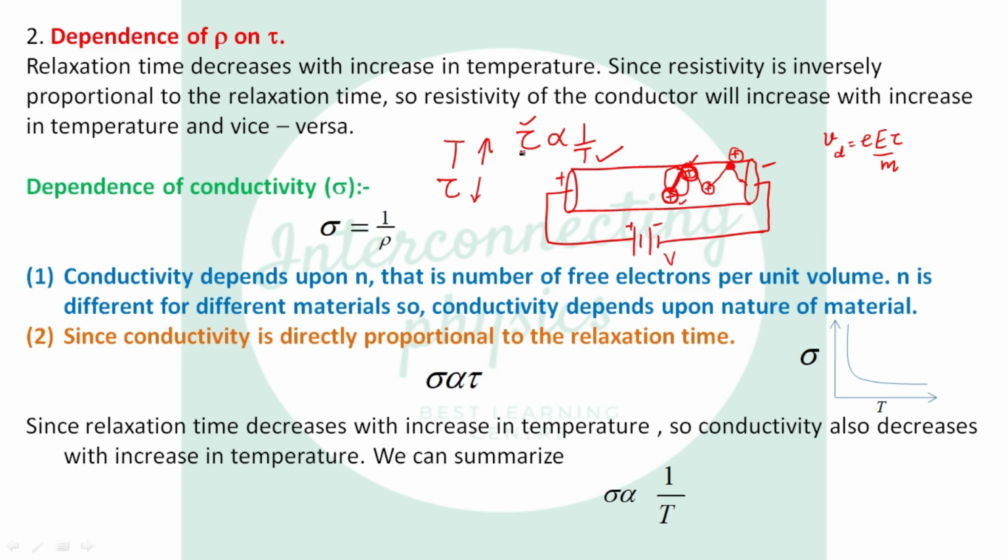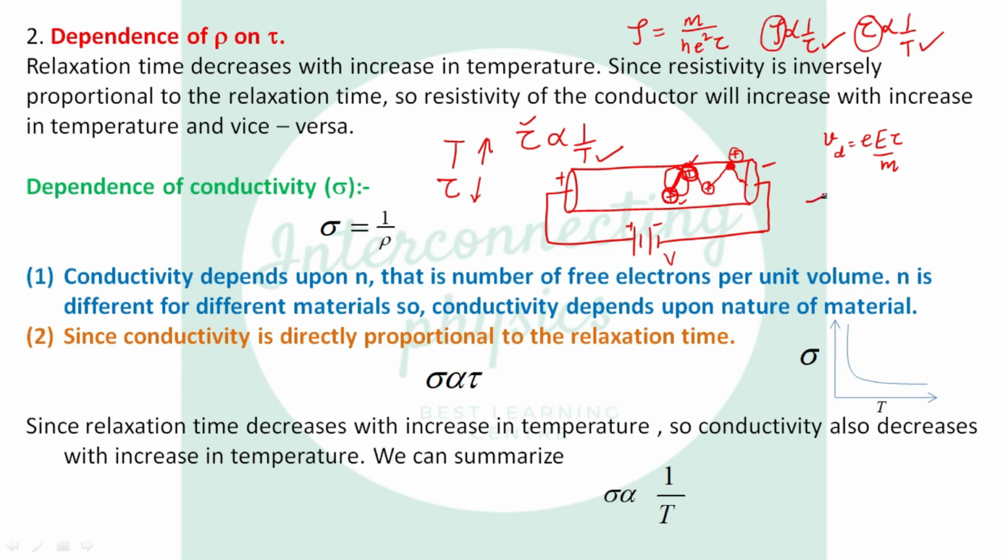So what is rho? Rho is m over ne square tau. Rho is inversely proportional to tau, and tau is inversely proportional to temperature. That means if temperature increases, tau decreases. If tau decreases, resistivity increases.